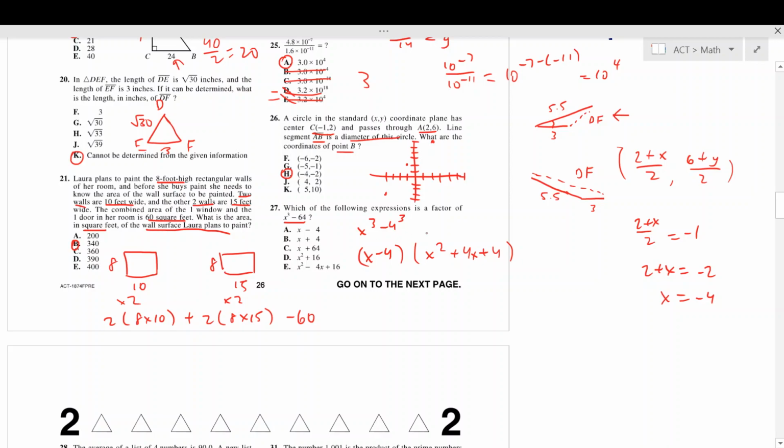It'll be something like this, and we actually wouldn't even need to do any of this because x minus 4 is already over here, so actually all we need to do was this part.